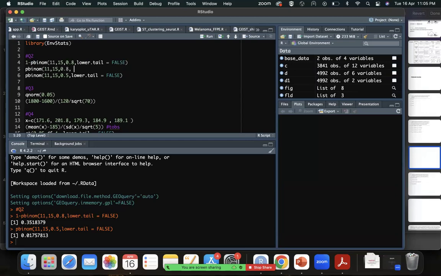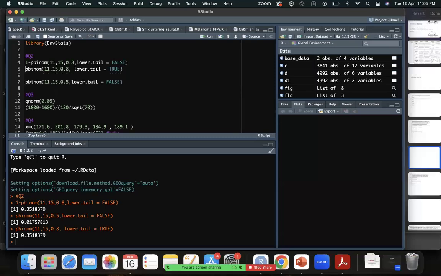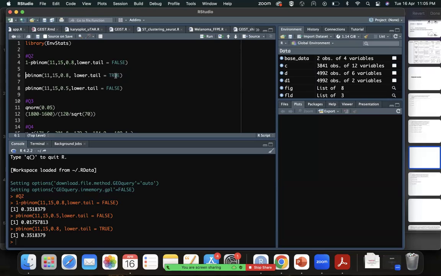When we do 1 minus pbinom, it is not mandatory to put lower.tail equal to FALSE. By default it takes lower.tail equal to TRUE when you don't write anything. So in this scenario you can either do it this way or you can just not specify anything.